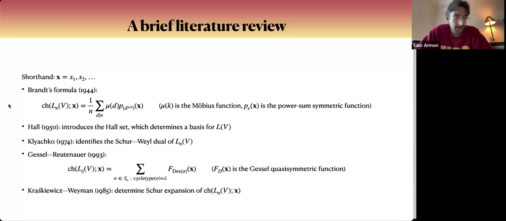So the first major result concerning the free Lie algebra was by Brandt, who was actually one of Thrall's students, in 1944. So she determined the character of the nth graded piece of the free Lie algebra in the basis of power sum symmetric functions.